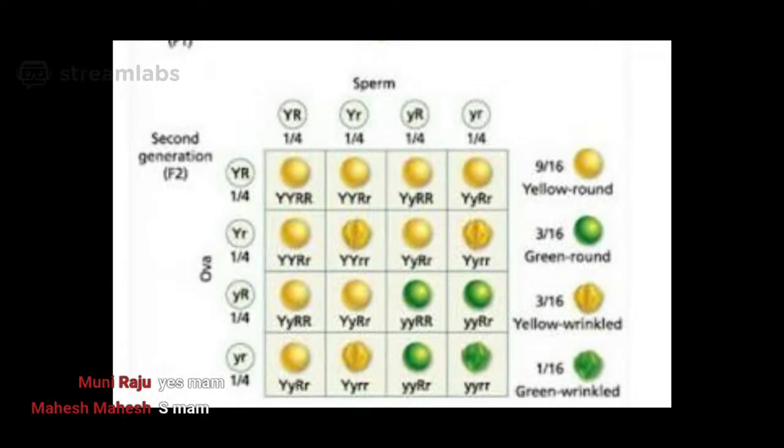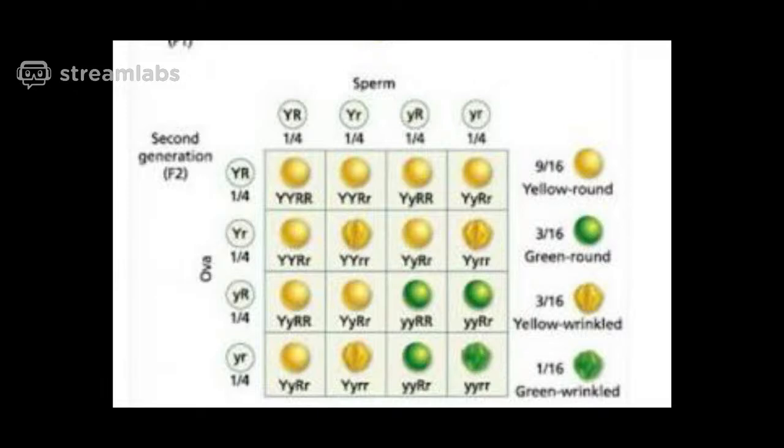Now look at the gametes. Capital Y, capital R, capital Y, small r. Horizontal. The first triangle, you look at the outer triangle with the diagonal. All seeds are yellow and round.